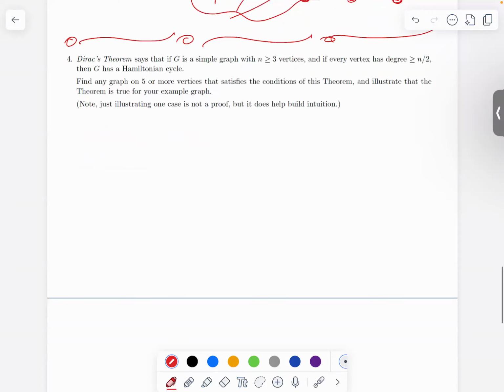So the question is asking us to create 5 vertices.